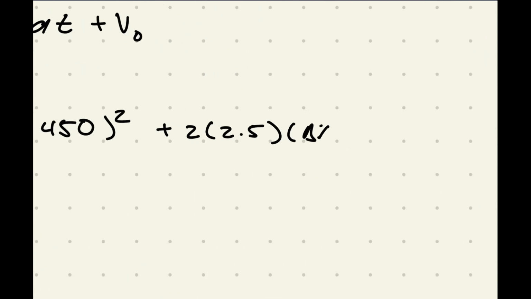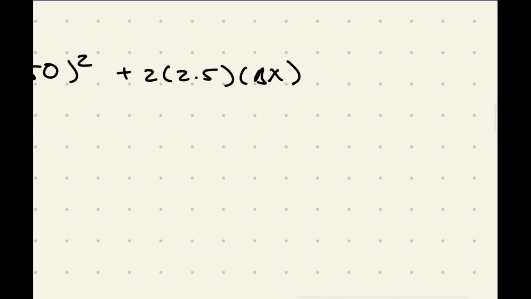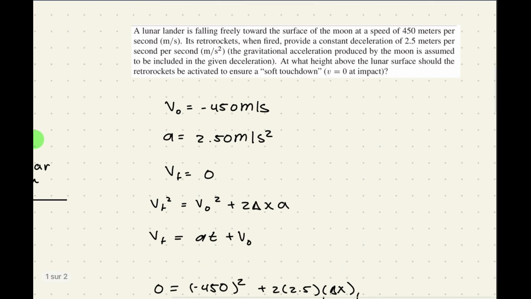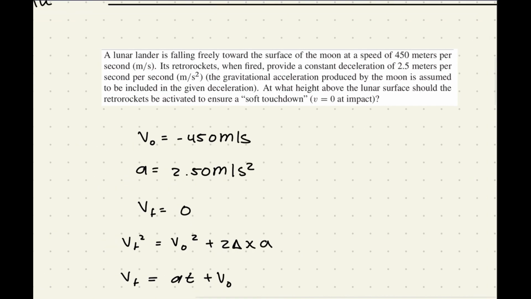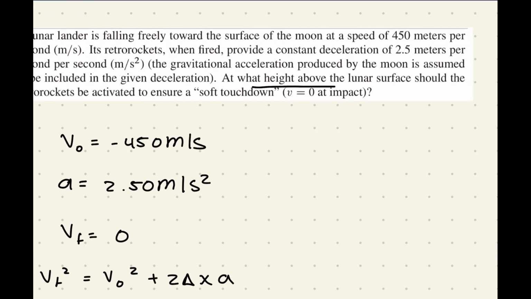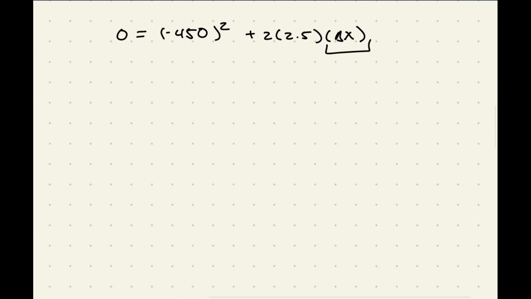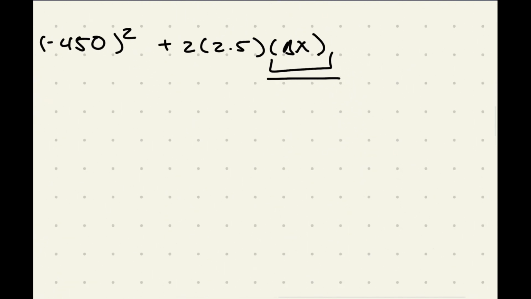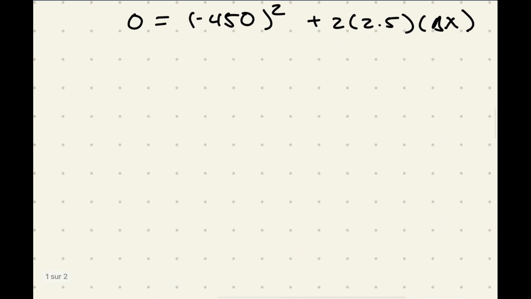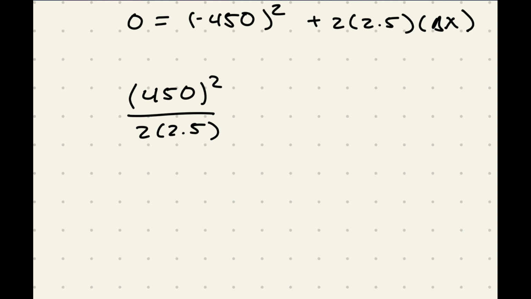Times delta x. We're trying to find delta x because we're trying to find what height above the lunar surface we want to deploy the rockets. So that'll be our delta x. Now we can just say 450 squared over 2 times 2.5 is equal to our delta x.